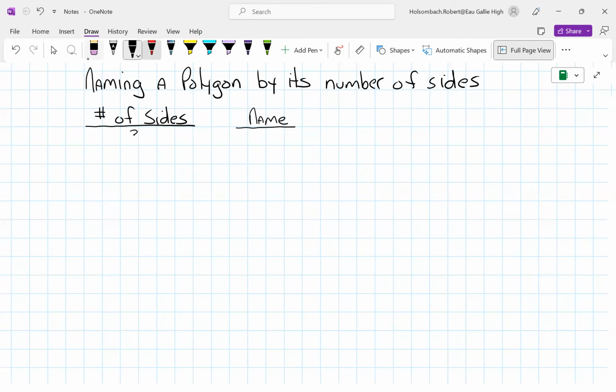We go 3 sides is a triangle. 4 sides is a quadrilateral.